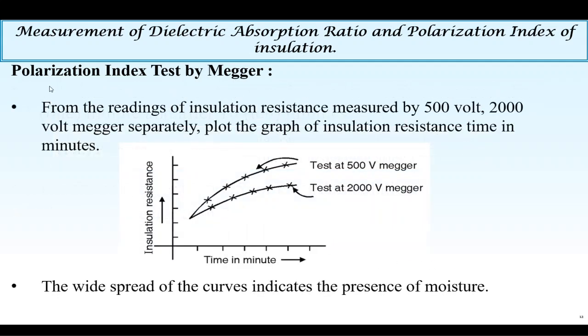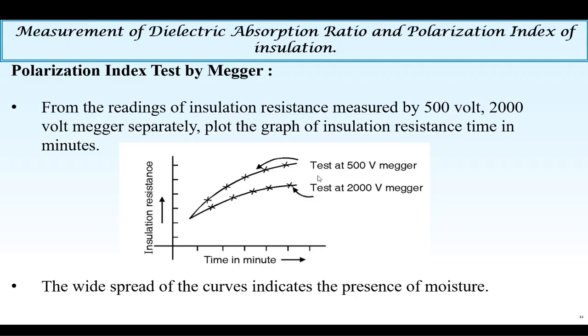From the polarization index readings, you have to plot a graph. On the x-axis, consider time in minutes. On the y-axis, consider the insulation resistance in mega ohm, which is measured with the help of the Megger. Here you can see the result.